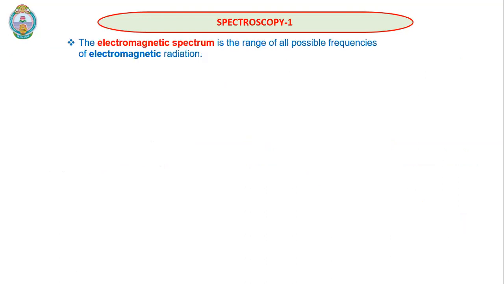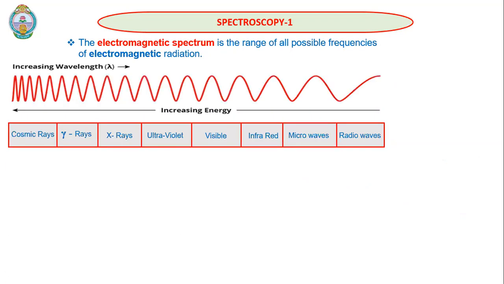Now, what is the electromagnetic spectrum? Electromagnetic spectrum is nothing but all types of radiations which are emitted from the sun. When we look at the different radiations emitted from the sun, we will start with the lowest energy.